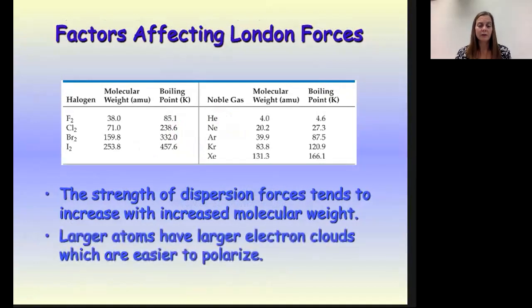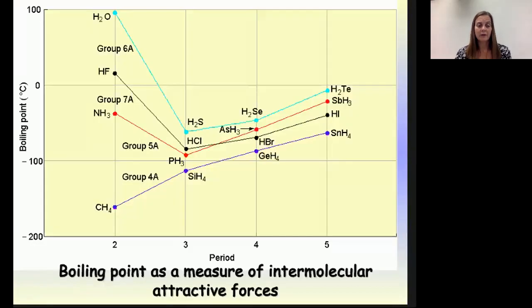Okay, one more. We're going to talk about this particular diagram, which shows us boiling point as a measurement of intermolecular attractive forces. And what you can see here is that we are showing different groups. So the carbon group, the nitrogen group, the halogens, and the oxygen group.